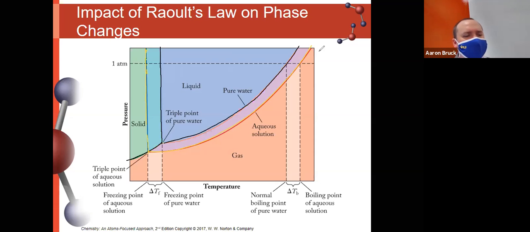So what we can see here is that there is a gap between the pure solvent and the solution in terms of its boiling point and in terms of its freezing point.